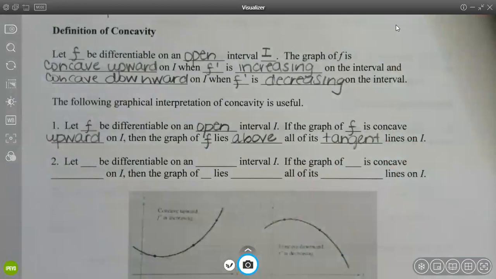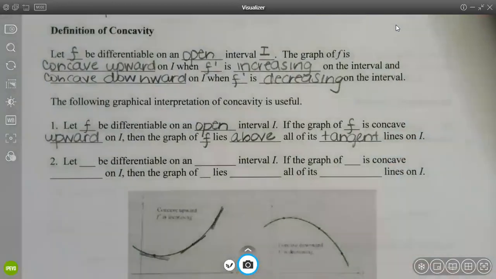This graph is really light and you can't see it, but if you look at these little points, there are little light colored tangent lines on there. It looks better in your book, but that's showing you all these tangent lines lie underneath that curve. And it's the same thing for the concave downward, they're just all above them.